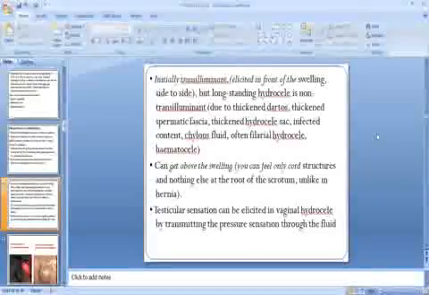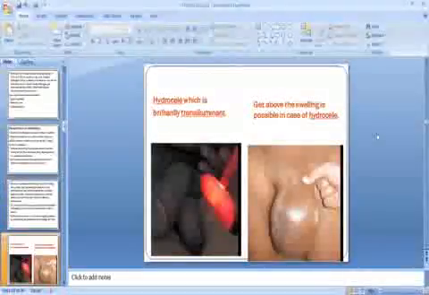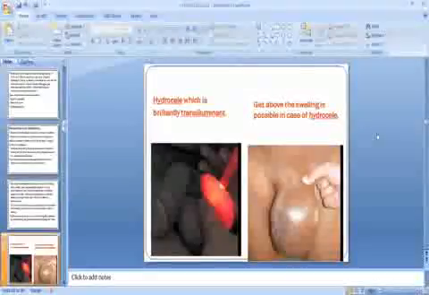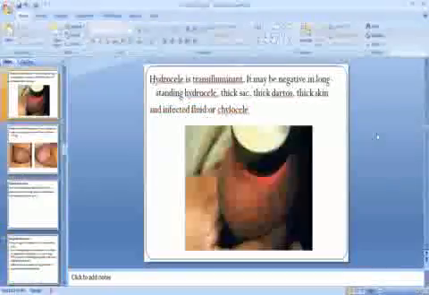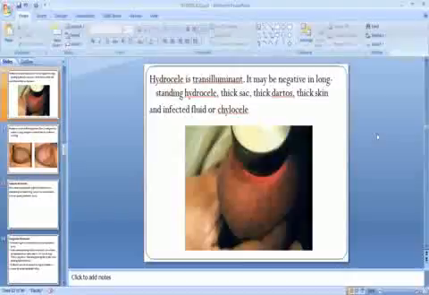Testicular sensation can be elicited in vaginal hydrocele by transmitting the visceral sensation through the hydrocele, which is brilliantly transilluminant. You can get above the swelling in a vaginal hydrocele. Hydrocele is transilluminant, but it may be negative in long standing hydrocele.